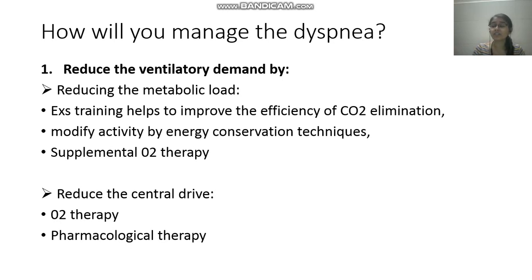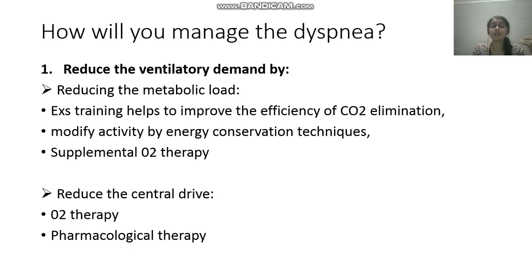So the efficiency of carbon dioxide elimination increases, and the shallow breathing, which leads to extra oxygen accumulation, reduces. We all know that the expiration to inspiration ratio is 2:1. You have longer expiration as compared to inspiration. What happens in dyspnea and breathlessness is that it almost becomes 1:1.